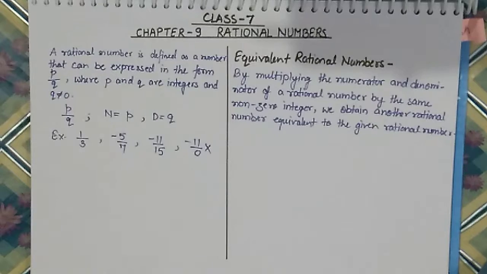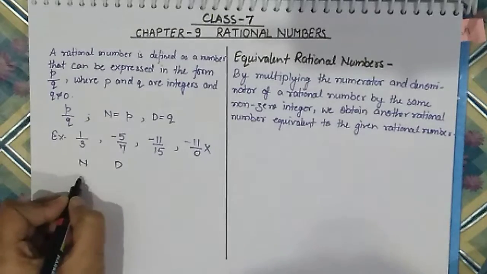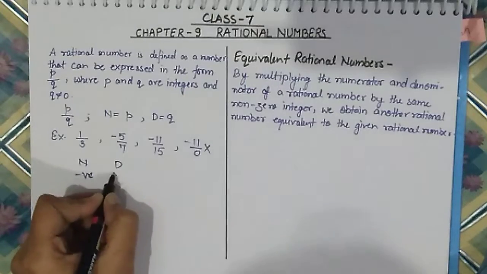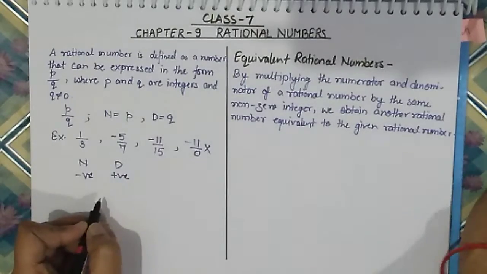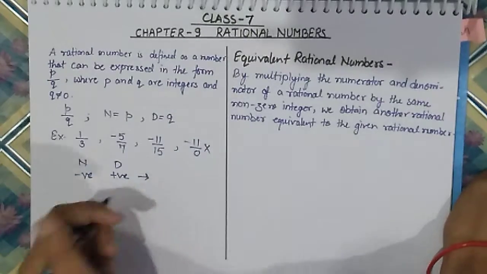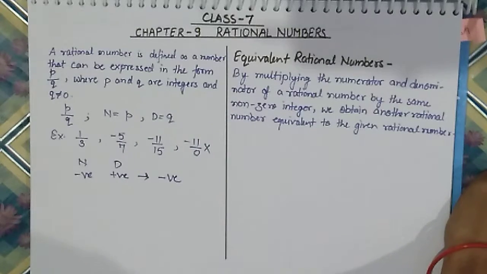Now let's see how we can decide whether a rational number is positive or negative. Suppose in a rational number the numerator is a negative number and the denominator is a positive number, then the rational number formed is always negative.